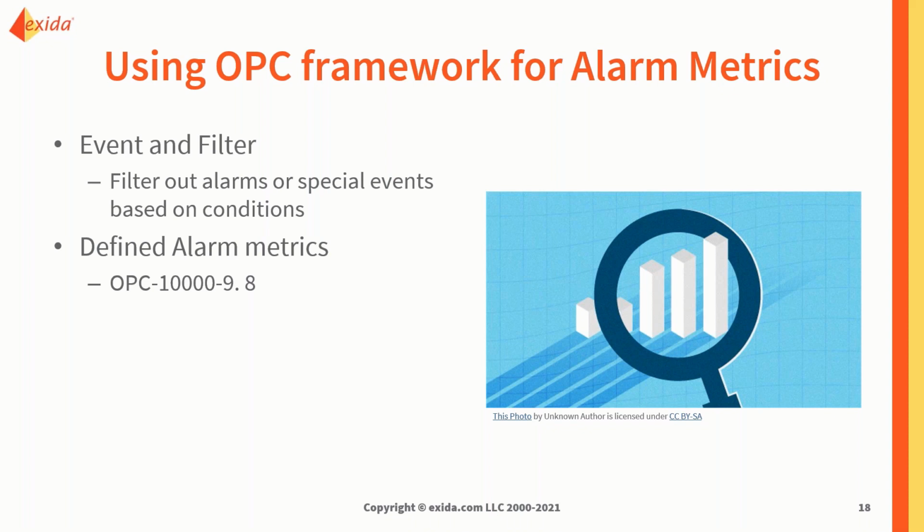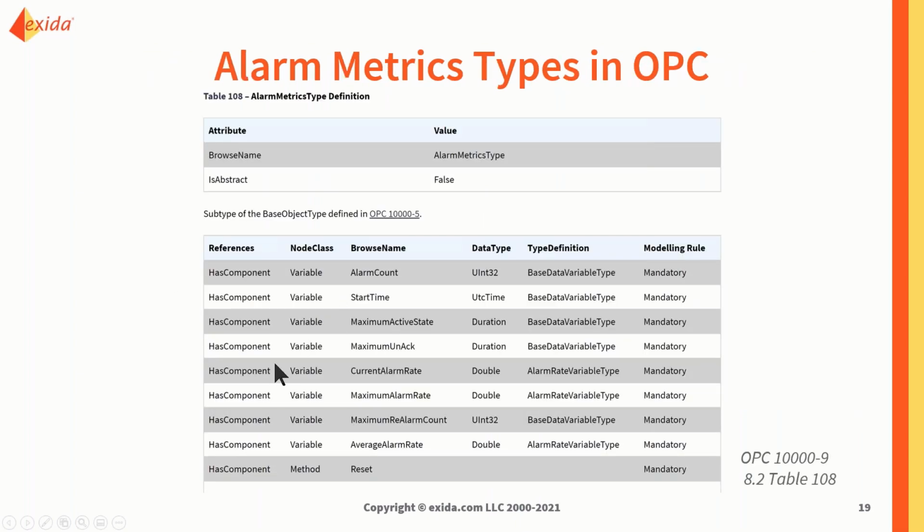For example, you can set up a filter for when you see more than 3 alarms coming up within a defined period of time. And they define all these metrics within the OPC Part 9 standard there. As you can see, these are the different metric types defined within the OPC.